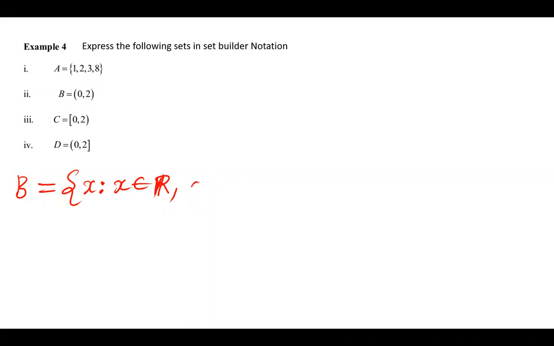These are numbers ranging from 0 up to 2. I'm not writing less or equal to because of the kind of brackets that have been used here.